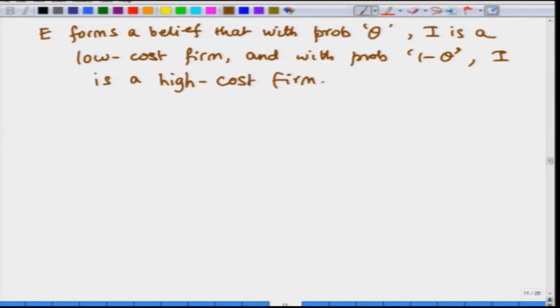Right. So, with probability theta it is a low cost firm, and with probability 1 minus theta the incumbent is a high cost firm. Okay.